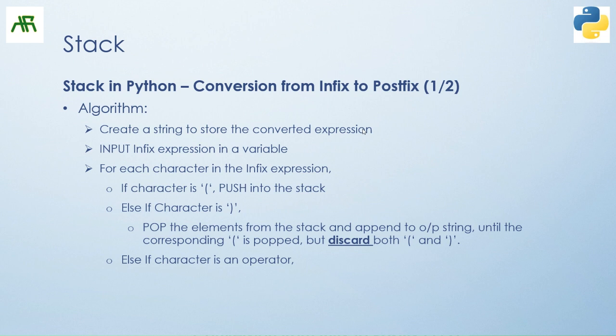Else, if the character is an operator, you deal with either plus, minus, slash, star, double slash, whatever can be an operator. If its precedence, whatever we are coming across as an operator, is lower than that of the operator at the top of the stack, so multiplication takes precedence over your subtraction or addition, right?